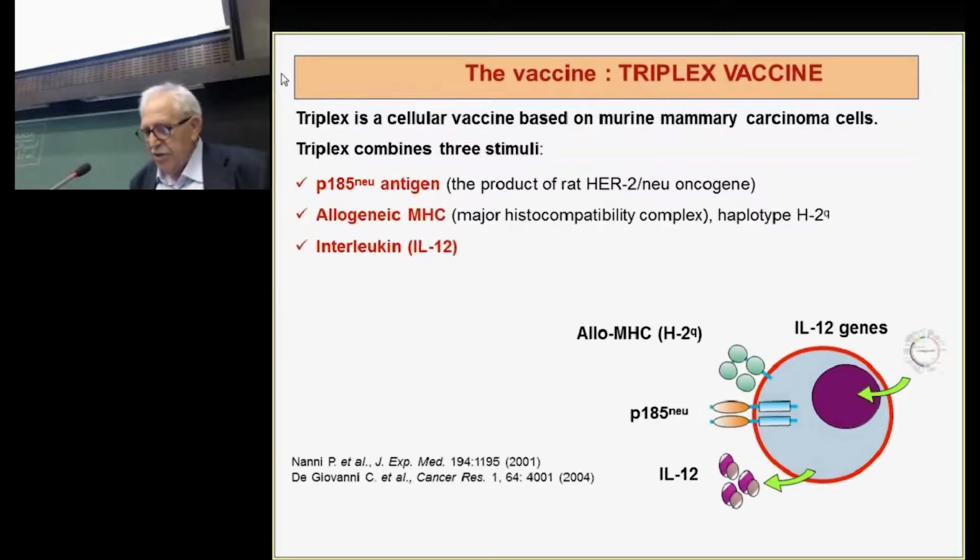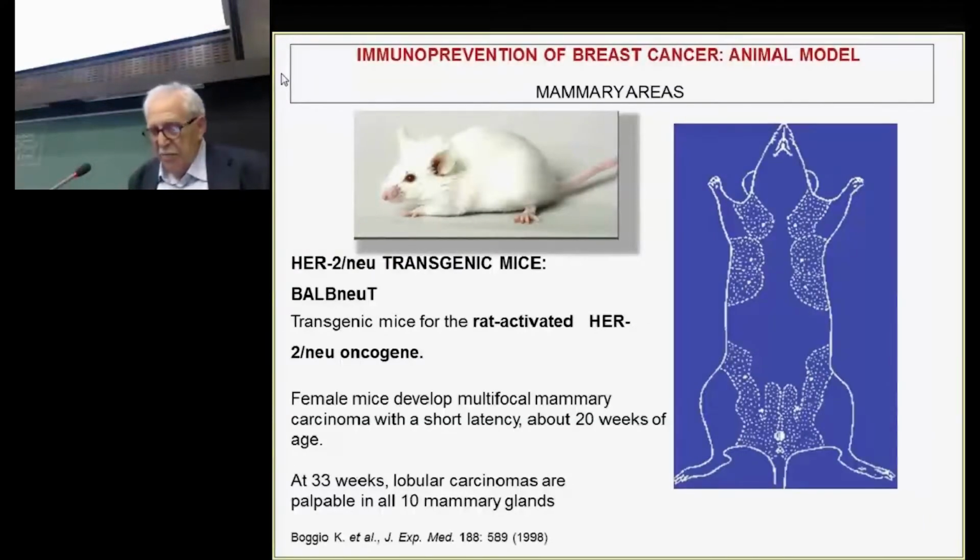Okay, that's the kind of vaccine they had. It combines 3 stimuli: the antigen P1A5, the allogeneic MHC, and interleukin 12. For the experiment they used transgenic mice, which develop multifocal carcinoma at about 20 weeks of age.